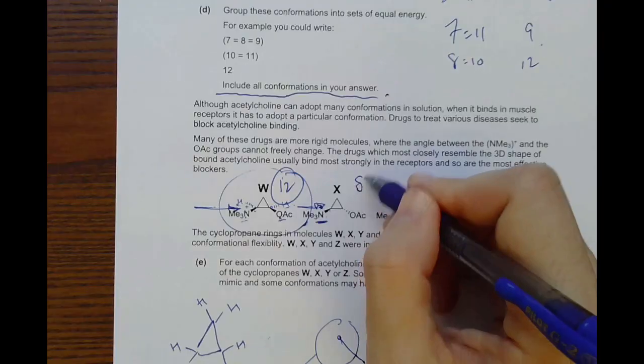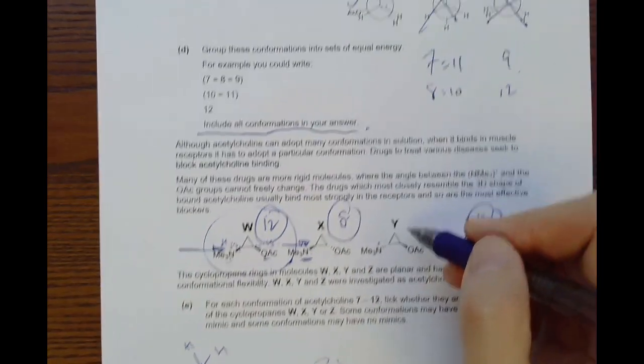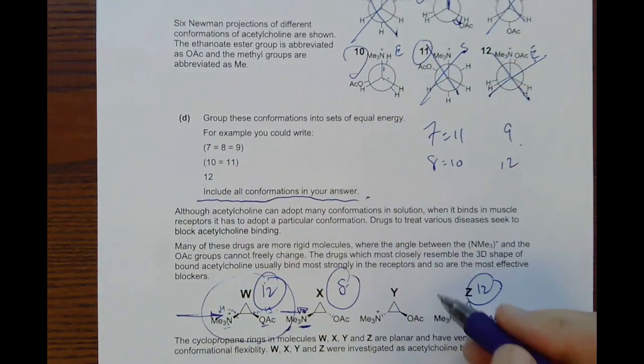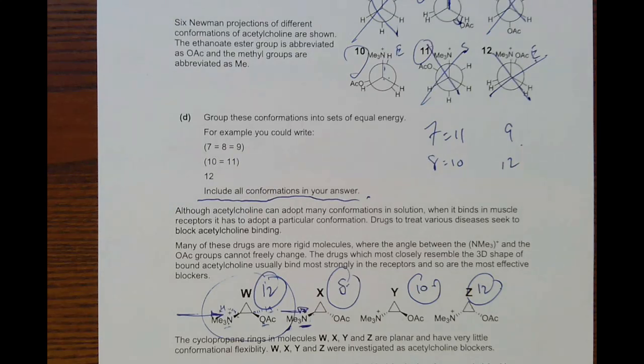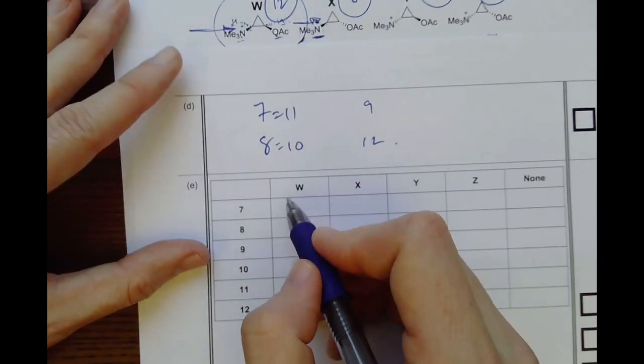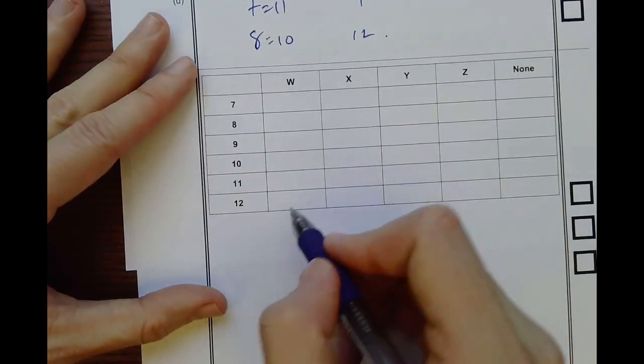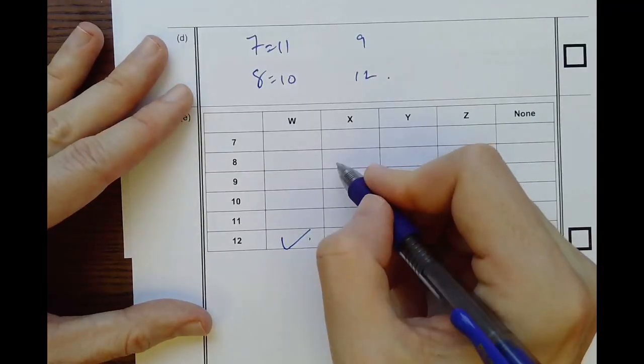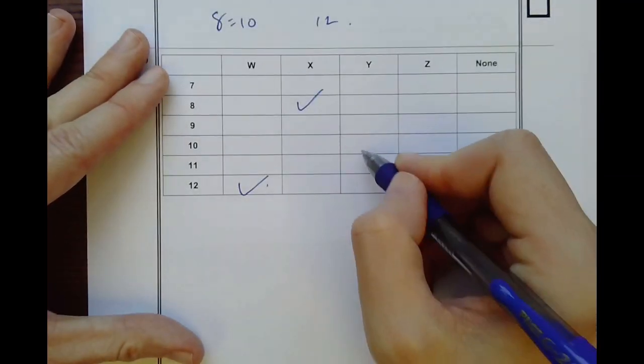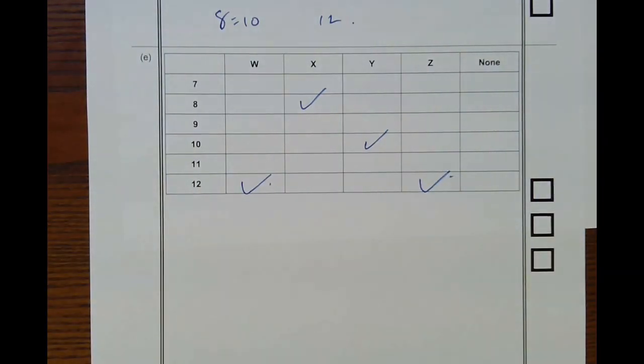So that is 8. And by the same reasoning, I can decide that this is 10. Then I have to fill in this awkward table. So W is 12, X is 8, Y is 10, and Z is 12.